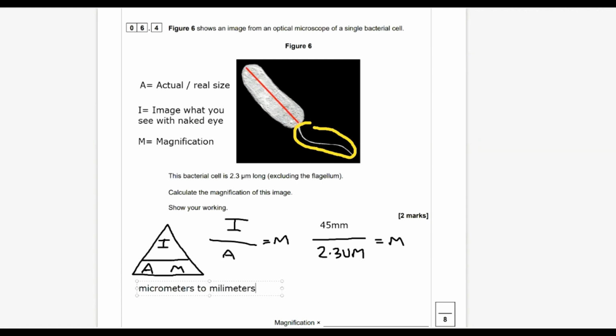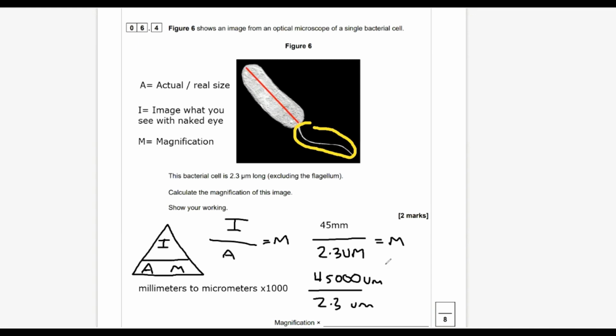Okay, so we can either do micrometers to millimeters, or what I prefer to do is turn the millimeters to micrometers, because you just times by 1,000. So times your millimeters by 1,000. So we end up with 45,000 micrometers on the top. And at the bottom, we've still got our 2.3 micrometers, as we didn't need to convert those units.